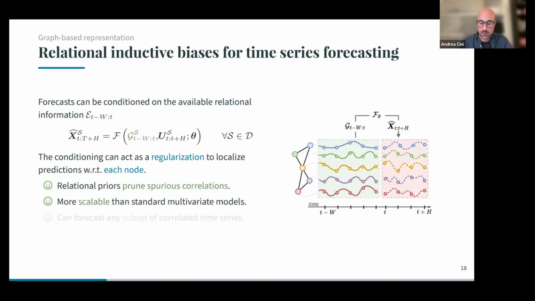Furthermore, this approach is far more scalable than standard multivariate models because, again, we can keep the parameters of the model shared among the time series we are processing. In fact, we can use these kinds of architectures to forecast and to process any subset of the correlated time series.